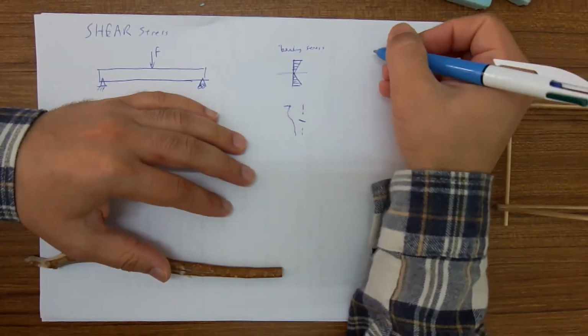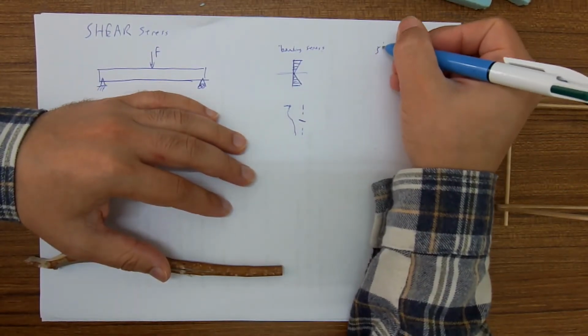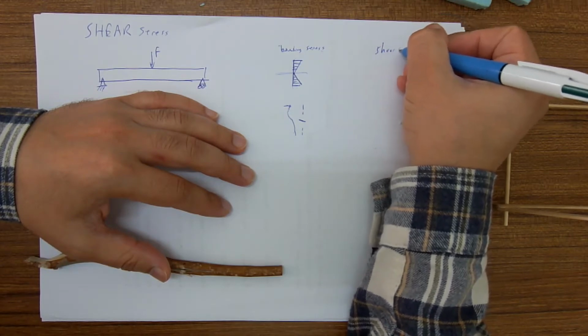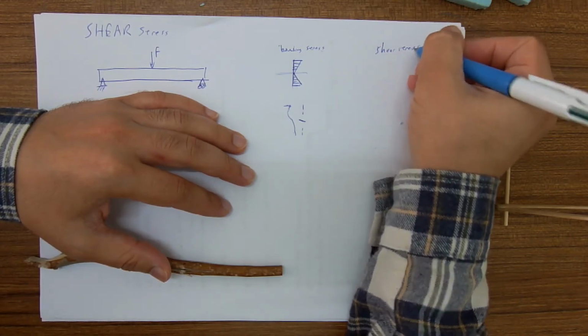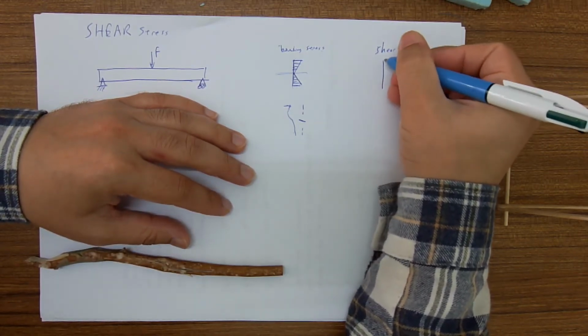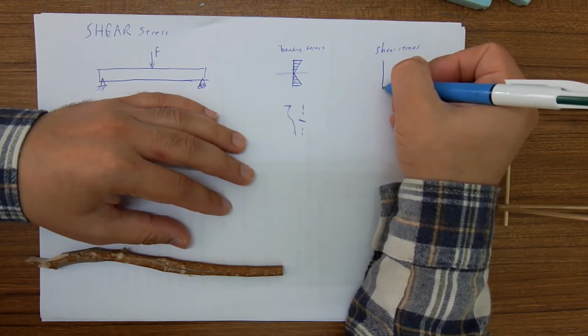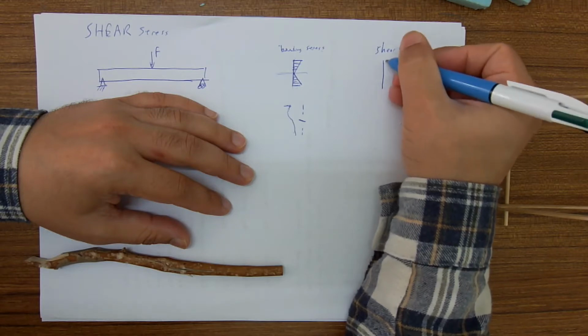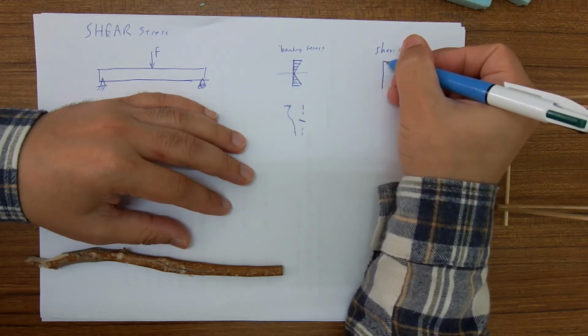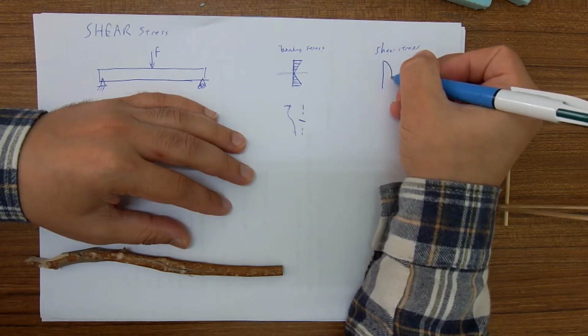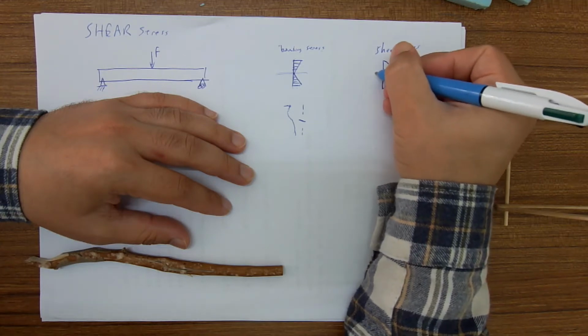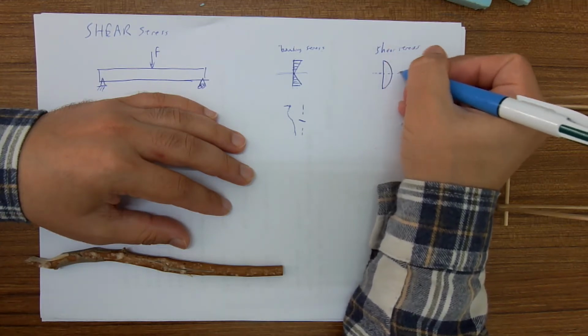If we draw the shear stress profile, it is something like this. It is 0 at the very ends of the section, and it becomes maximum at the centroid or the neutral axis.